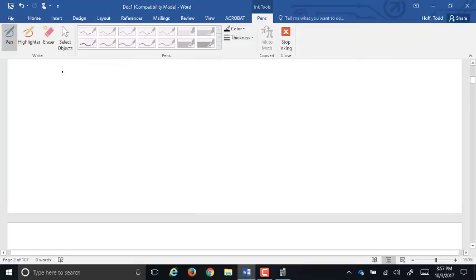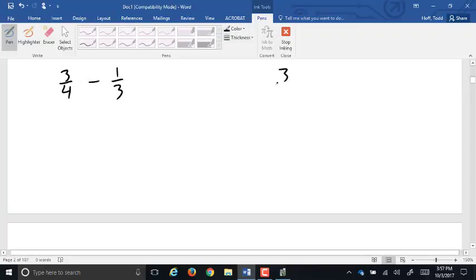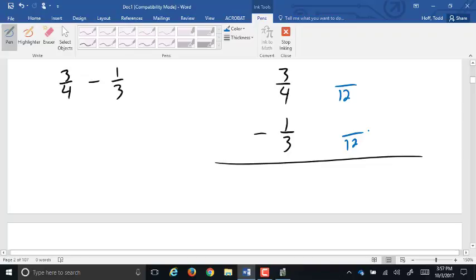Subtraction. 3/4 minus 1/3. So again, I'm going to write these vertically. What's our common denominator going to be? 12. Perfect. 3/4 is going to become 4 times 3, so 3 times 3 is 9 12ths.